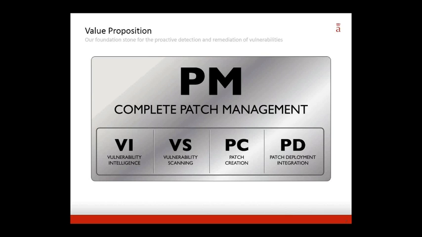But if you've got no targeting, no scanning, no intelligence feeding that process, you don't know which patches you need, you don't know where you need them. And you may have to do a lot of that testing still yourself on those patches. So Secunia have broken it down into these four key components.